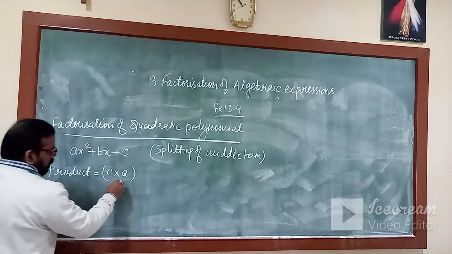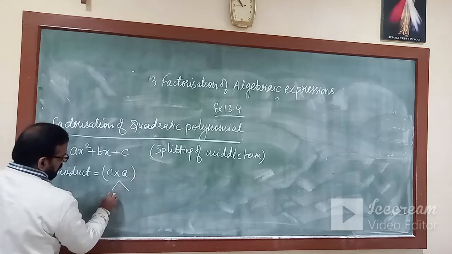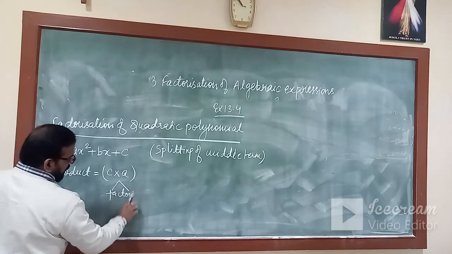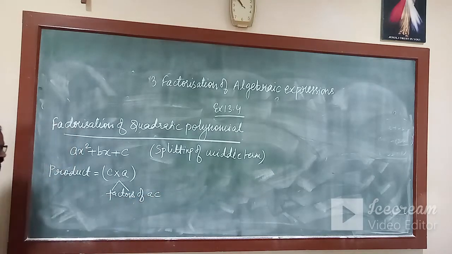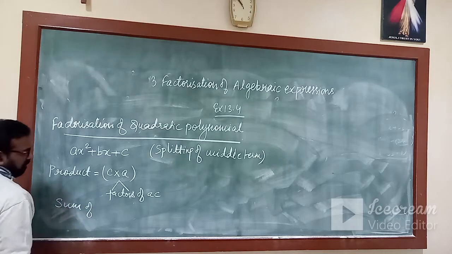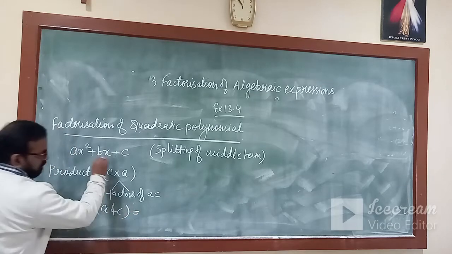Then what will we do? We will factorize it. Okay, we have to factorize this product, and we have to find the factors of AC such that the sum of the factors is equal to the middle term.